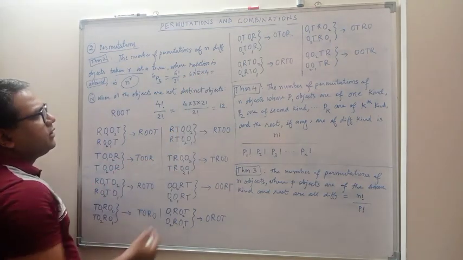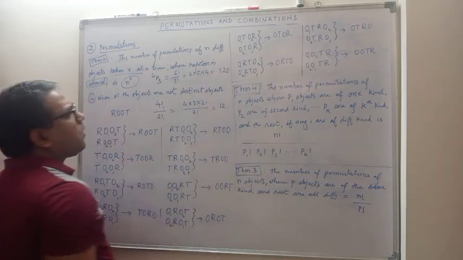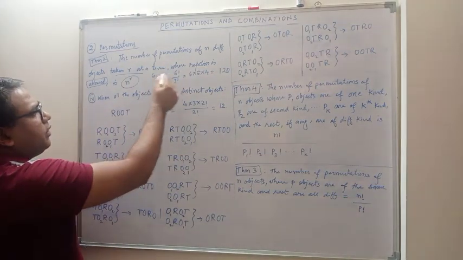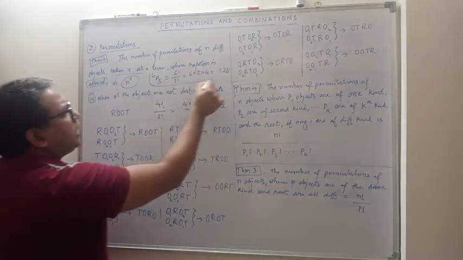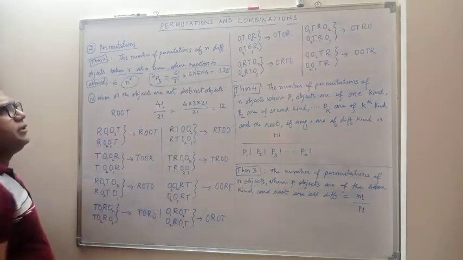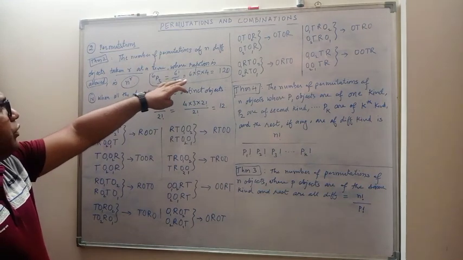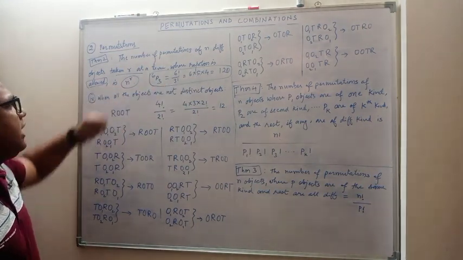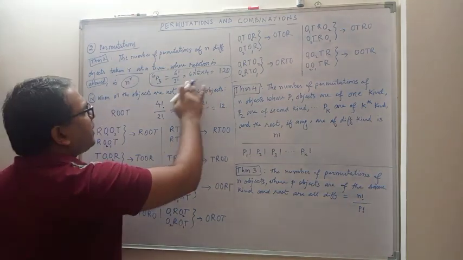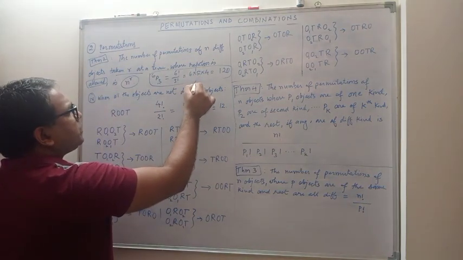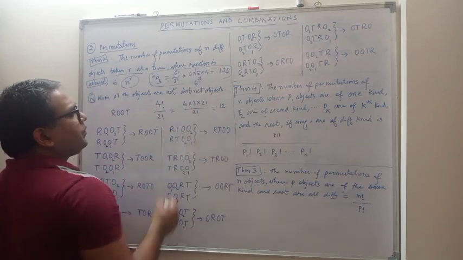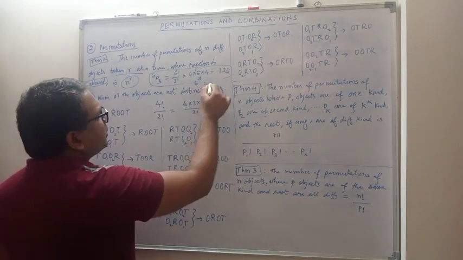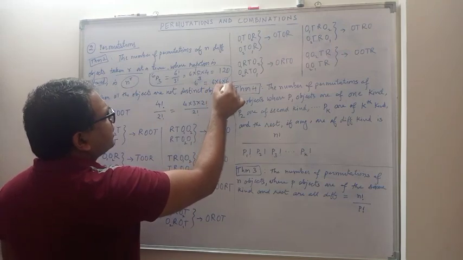This is the permutation where repetition is not allowed, but if it is allowed, then it is like 6 power 3, so it will become 6 into 6 into 6.